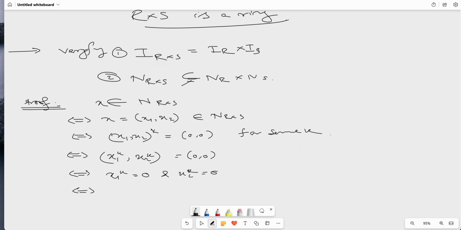If and only if x1 inside N of R, x2 inside N of S.